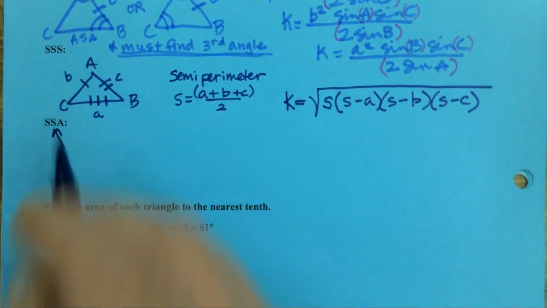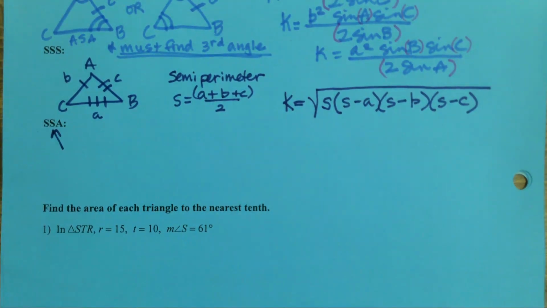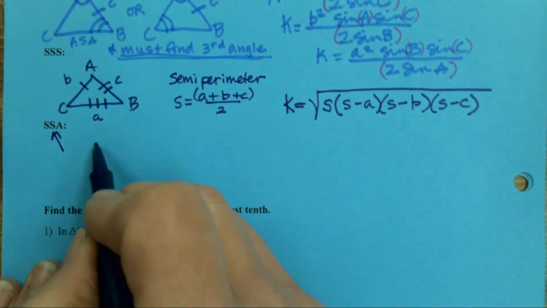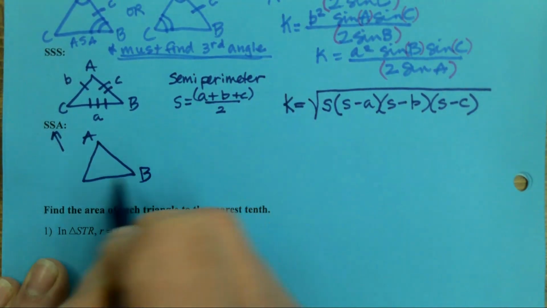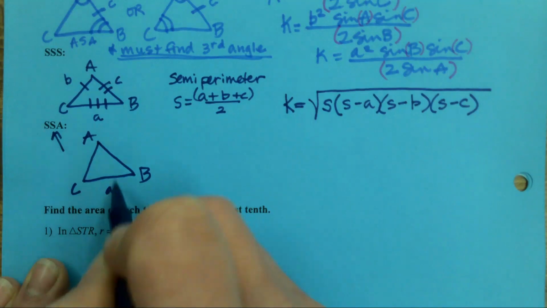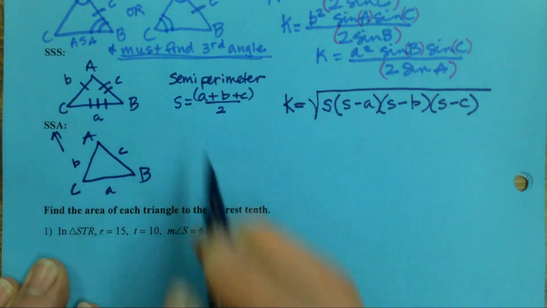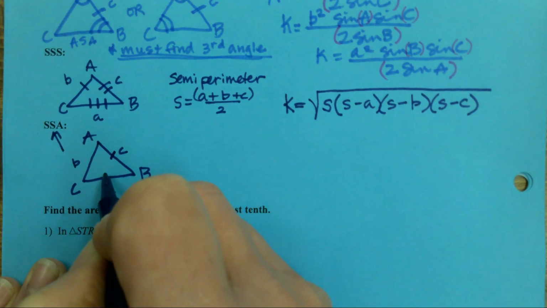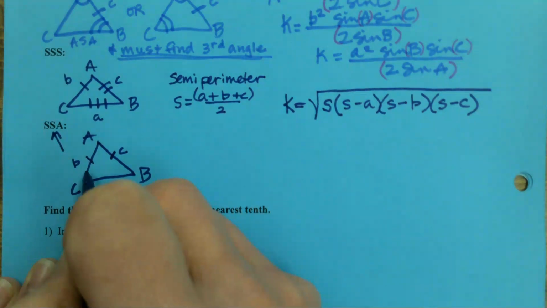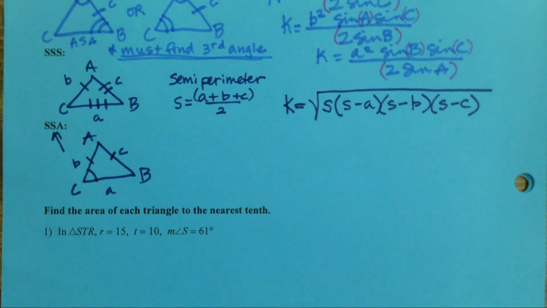Again, this guy is a troublemaker. Again, that is the only one that does not give us unique information. And so if I'm given this ASS, A, B, and C, that means I am given 2 sides and a non-included angle.